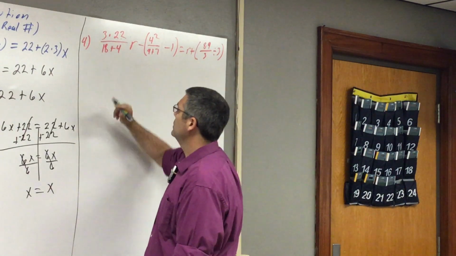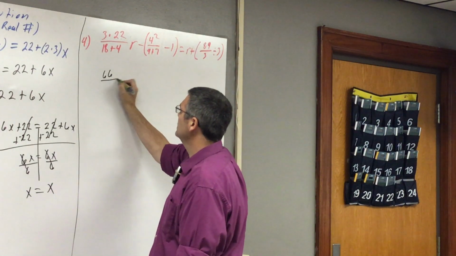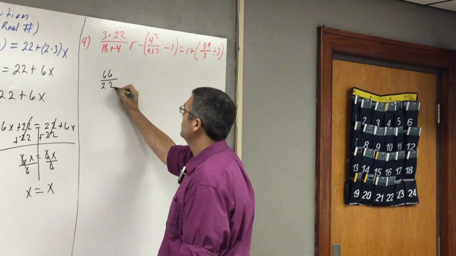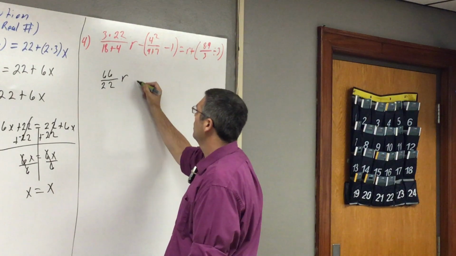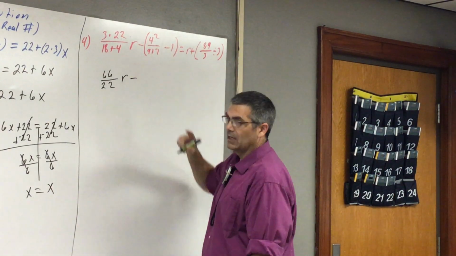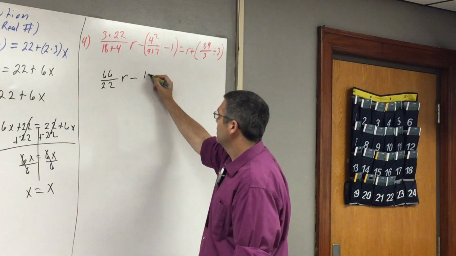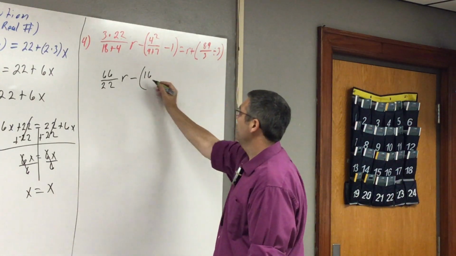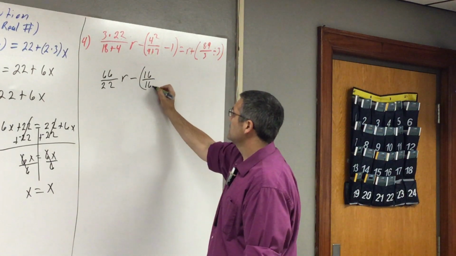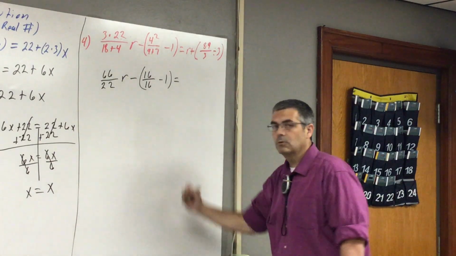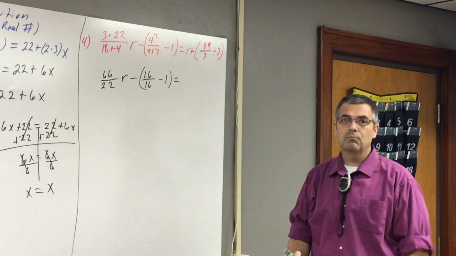So 3 times 22 is 66, 18 plus 4, 22, or minus 4 to the second power is 16. I'll leave my parentheses there. 9 plus 7, 16 minus 1 equals, and notice all I'm doing is taking one step at a time and rewriting it.